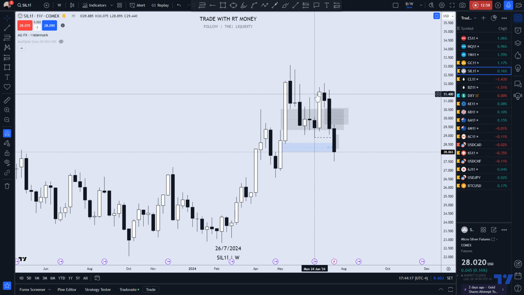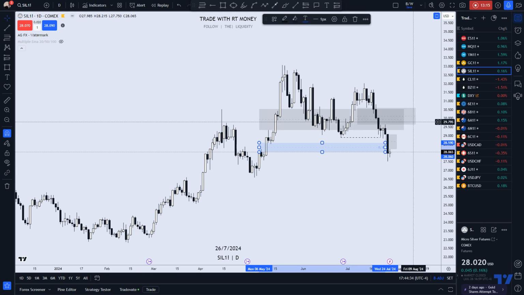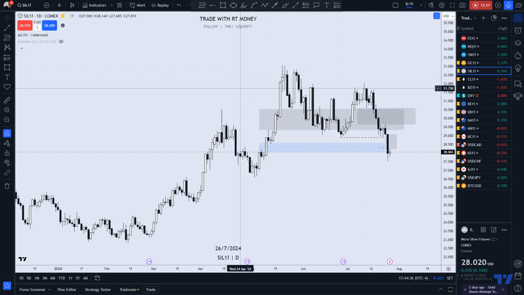You can see the bullish candle and then 2 bearish candles and a close below that swing low here. So I am actually expecting lower pricing. So what am I going to be looking for? This is on a weekly now. Let's go to the daily. What are we going to be looking for? Let me clear this up.